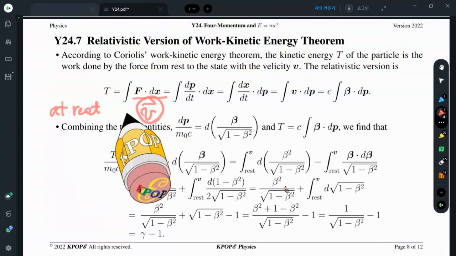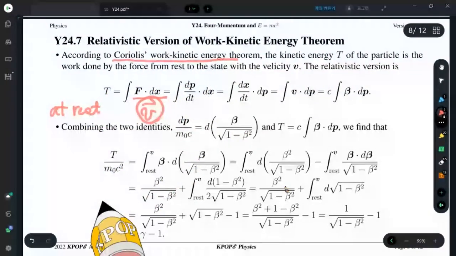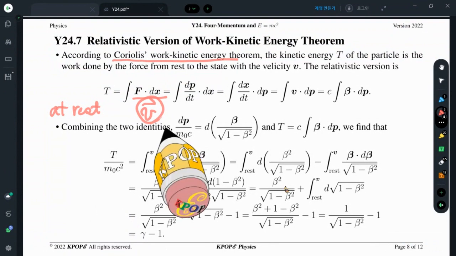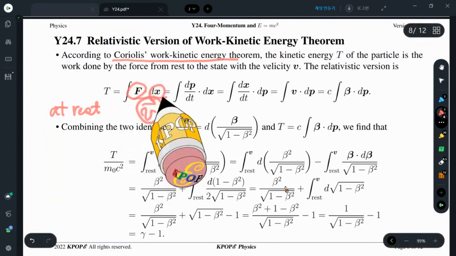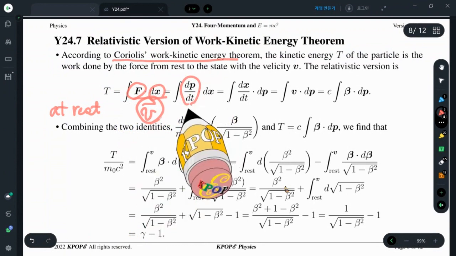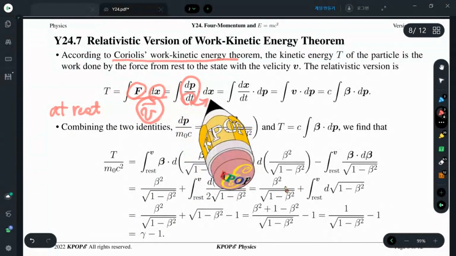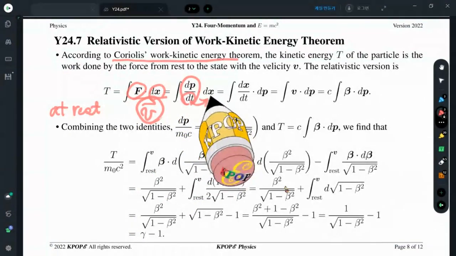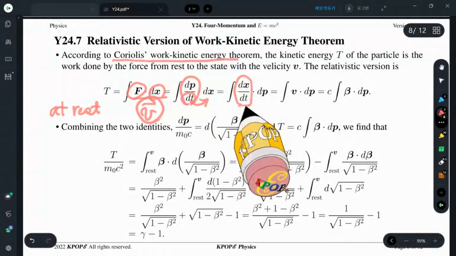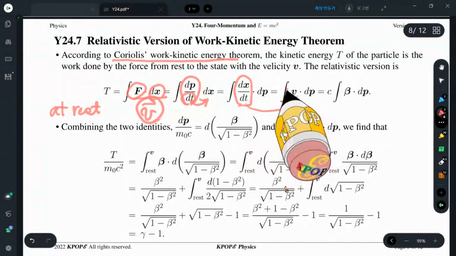That can be done by making use of the work-kinetic energy theorem, just like what we have done with the non-relativistic case. So force times displacement. Force is dp over dt. Now this dt is moved in here by changing variable from position to velocity. This is the definition of the velocity.